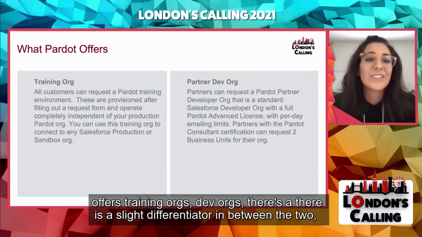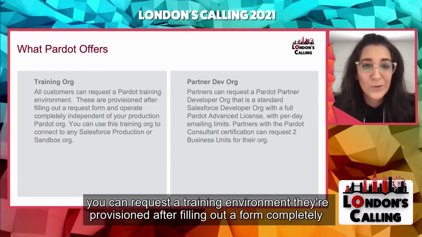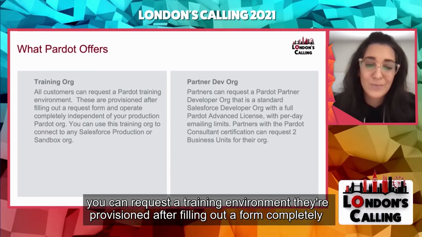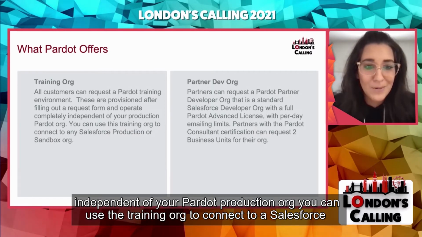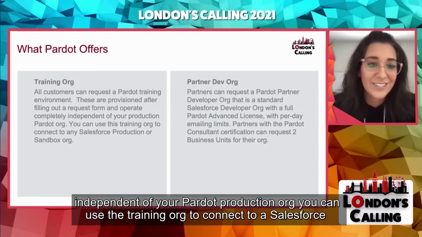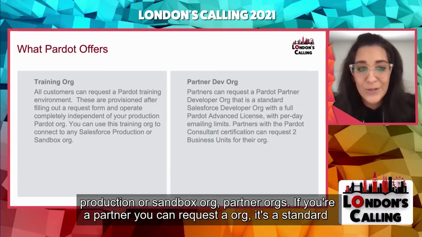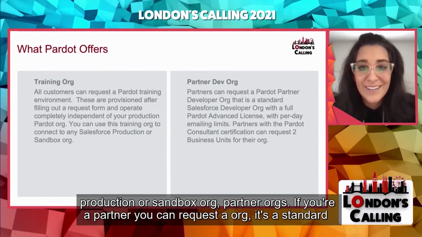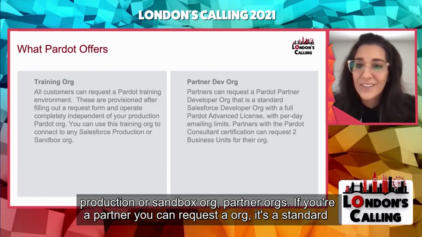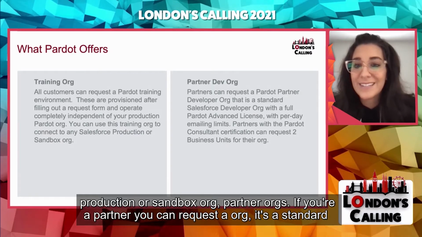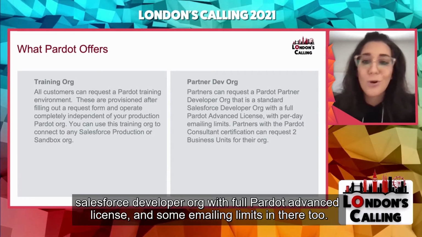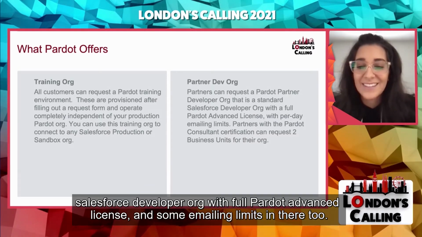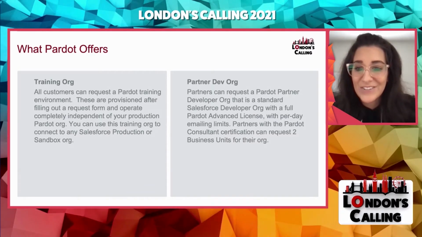There is a slight differentiation between the two. You can request a training environment. They're provisioned after filling out a form, completely independent of your Pardot production org. You can use the training org to connect to a Salesforce production or sandbox org. Partner dev orgs: if you're a partner, you can request a developer org. It's a standard Salesforce developer org with full Pardot advanced license and some emailing limits in there too.